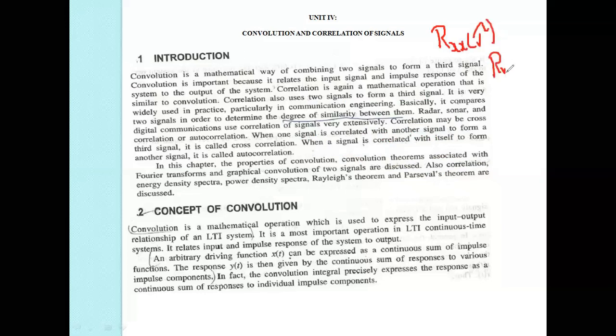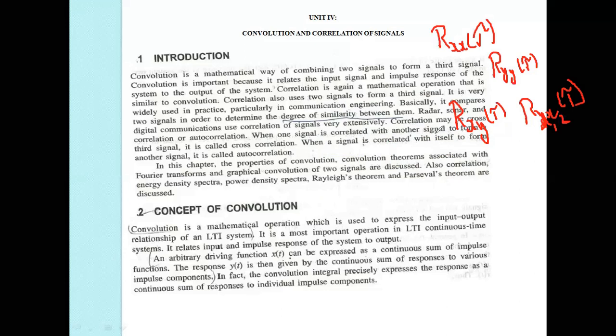And cross correlation means different signals, R x y of tau and R y x of tau, for signals x1 and x2. Got it, my dear students?